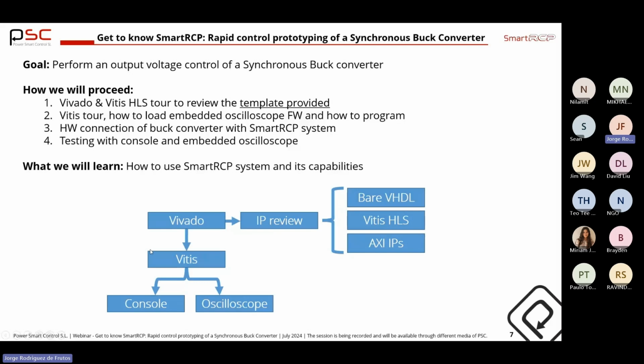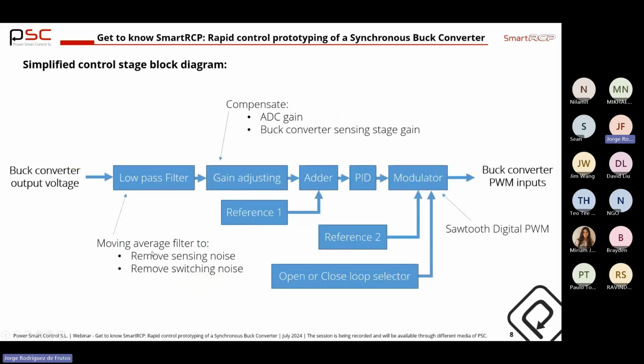So we have seen what we are going to perform today, but what are we going to program today? This is a simplified control stage of what we are going to embed in the SmartRCP system. We are going to take the demo buck converter board output voltage, which will be something from 0 volts up to 5 volts.